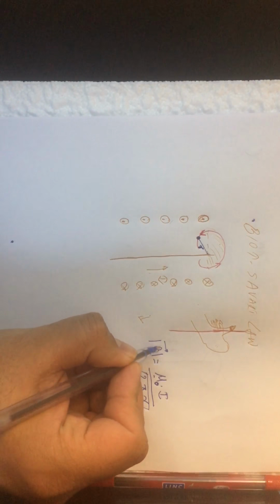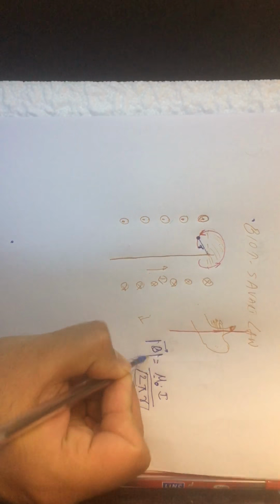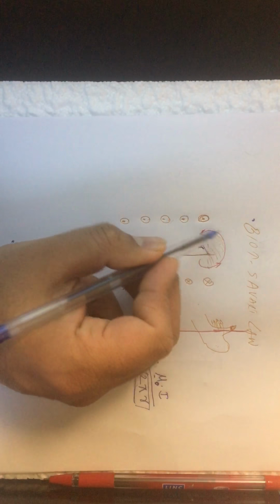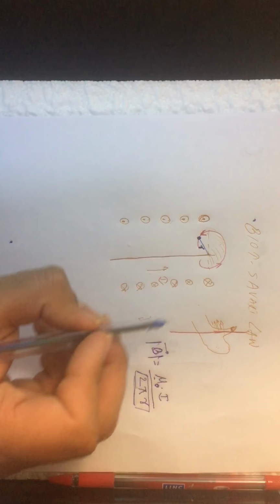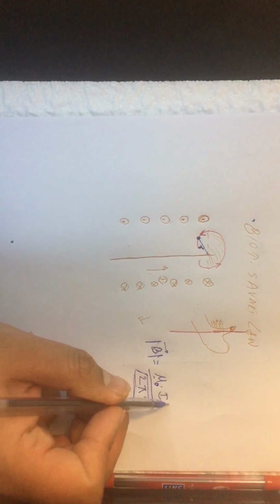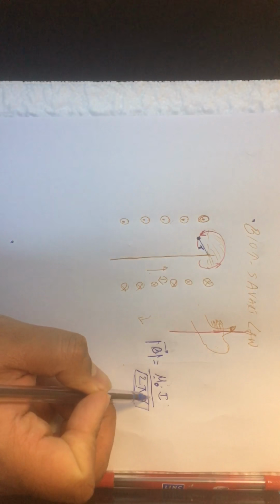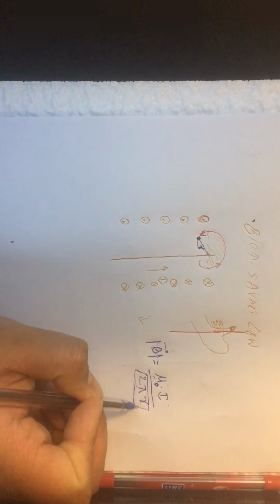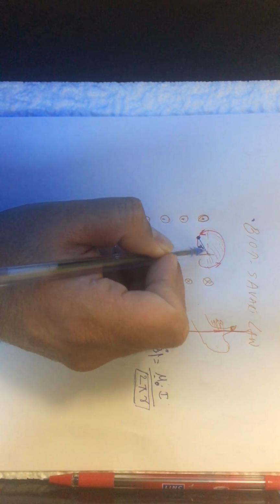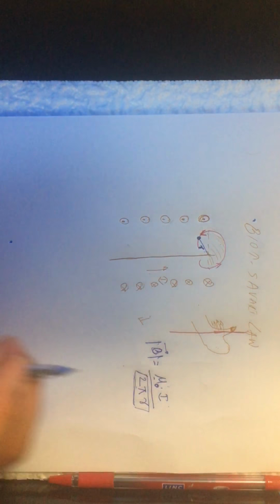This is the magnetic field. Its magnitude is directly proportional to current and permeability of free space, and it is inversely proportional to the distance between the point of charge and the electrical wire. So here we go.